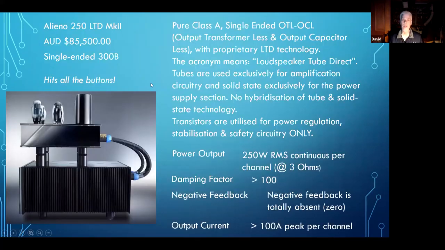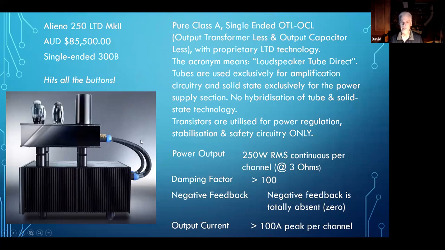Now this is a little interesting deviation from the other amplifiers I showed, which were unarguably OTLs in their purest sense. This amplifier hits all the right buttons. It claims to be OTL, pure Class A, output transformerless, 300B single-ended.